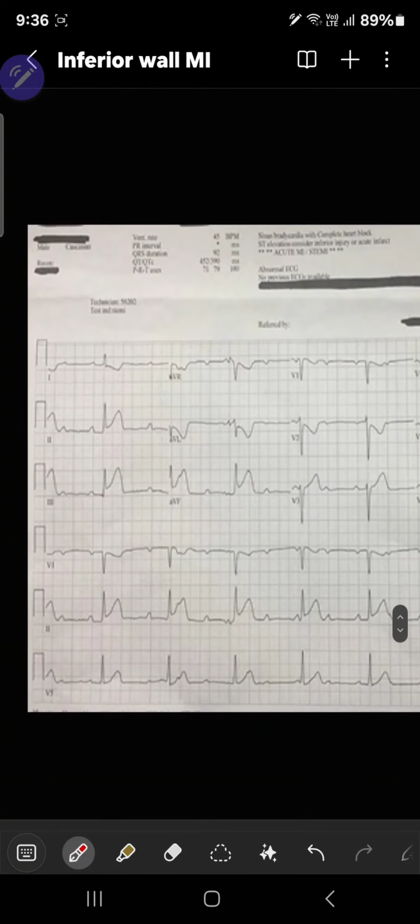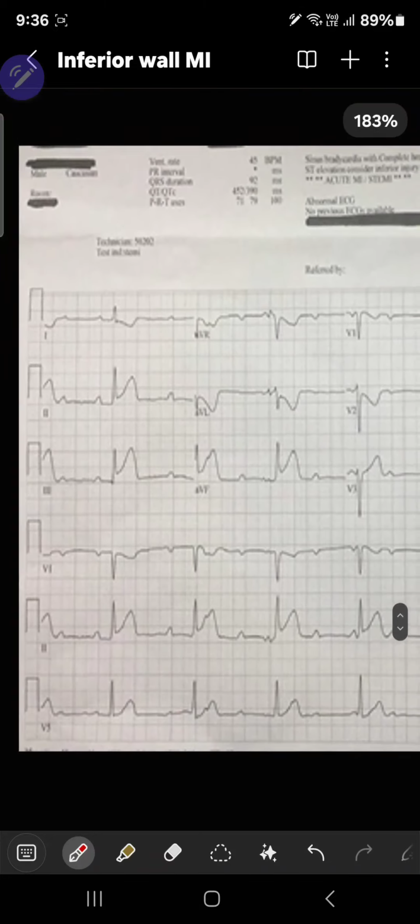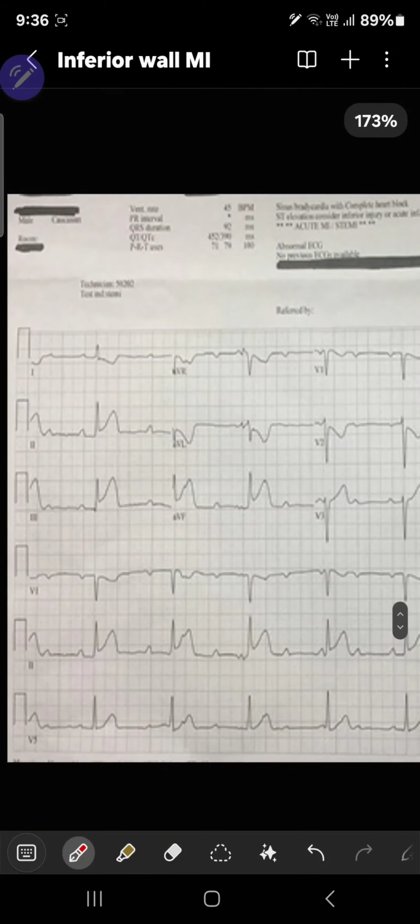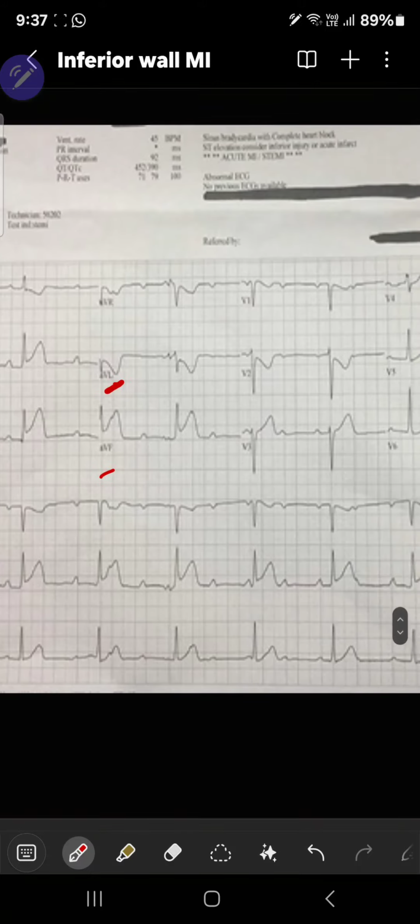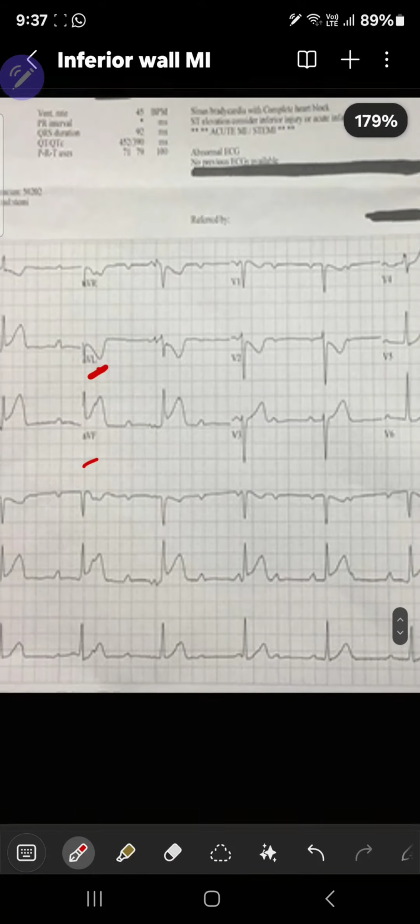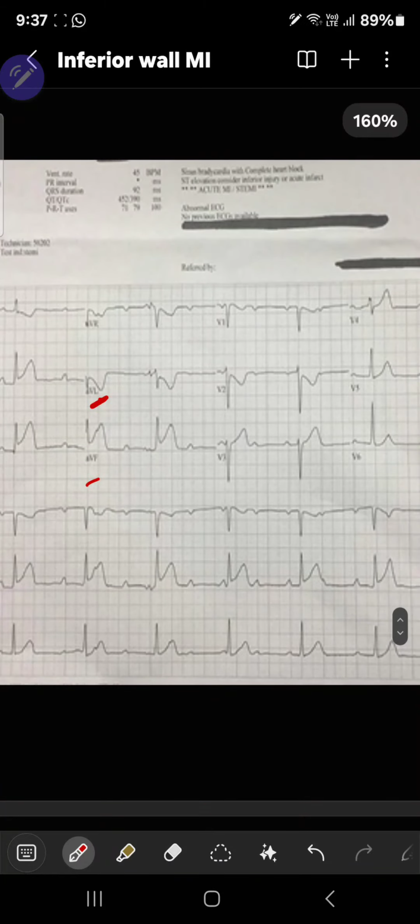And you can see the ECG here. Diagnostic criteria: ST elevation in 2, 3, AVF, AVL, ST segment depression, reciprocal changes. And if you see in lead 2, this is the complete heart block with inferior wall MI. As you can see, there is a P wave, QRS, and P wave again.